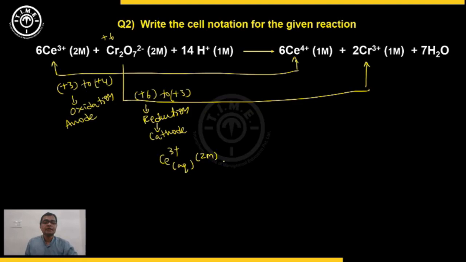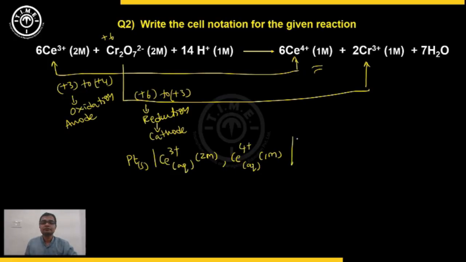It is oxidized to cerium 4 plus, in aqueous state, and its concentration is 1 molar, which is given. So in this one, we use an inert electrode, that is platinum.